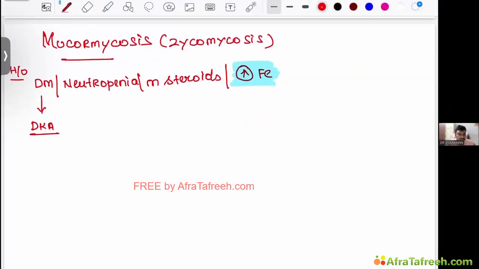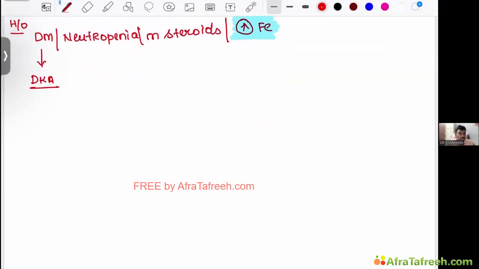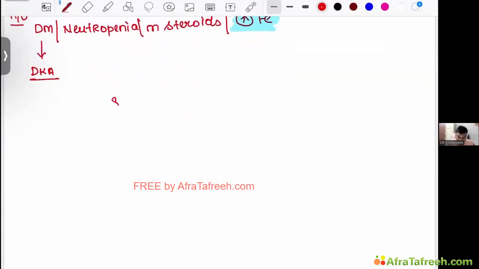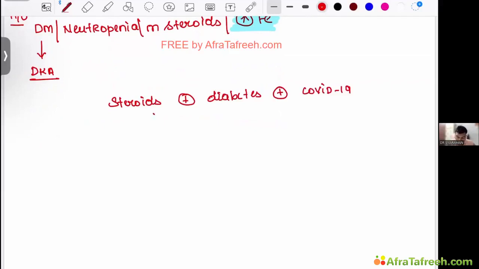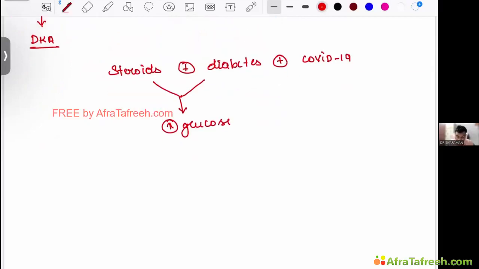Why is this important? Whenever a patient is on steroids, for example COVID patients were on steroids, and he is a known case of diabetes and has COVID-19, what is this going to do? The steroids and diabetes are going to increase the glucose, which increases the risk of mucormycosis.